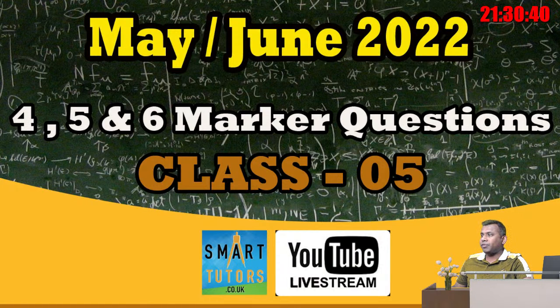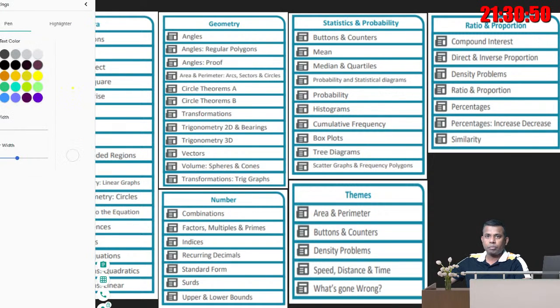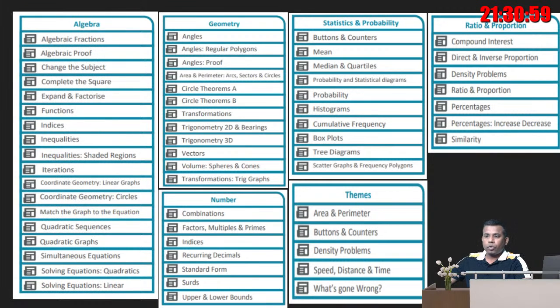So far we have studied the revision guide. If you can see the screen behind me, we have done 4 classes previously, and let's put a tick against the questions we have already done. We have done the algebraic fractions.